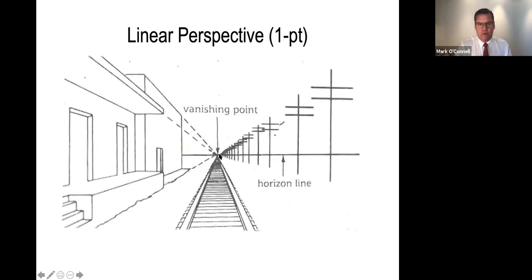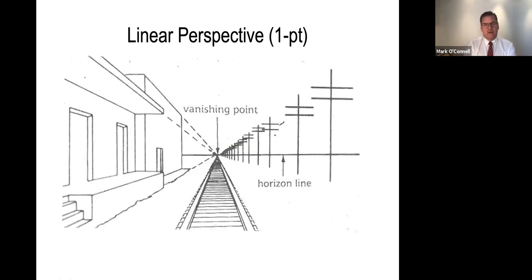We have our vanishing point in the distance where all the lines converge in one point. And these diagrammatic lines that you lay out to measure from are called orthogonals. I'm certainly not going to be expecting you to remember that, but that's what they're called.